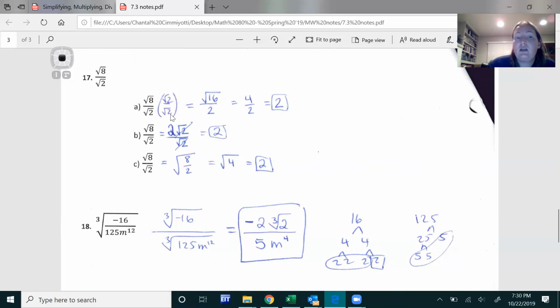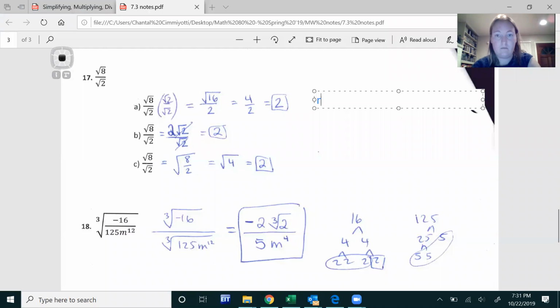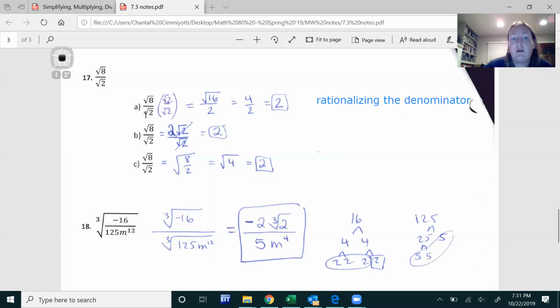This top version is the generic method because it's going to work in all cases to get rid of the root in the denominator. This is called rationalizing the denominator. And so what you do is if you're basically trying to get rid of a square root, you're going to need to square, you're going to need to multiply it by itself.